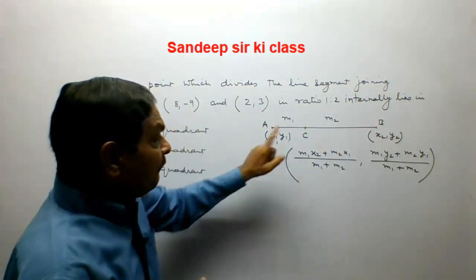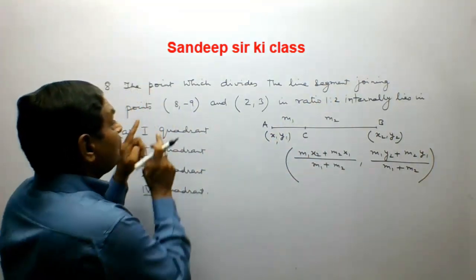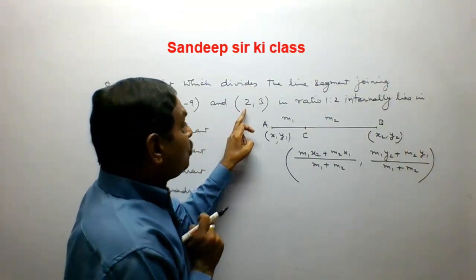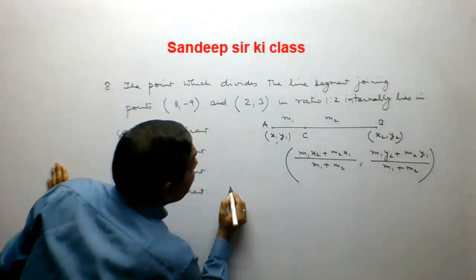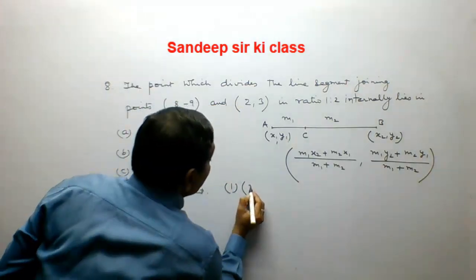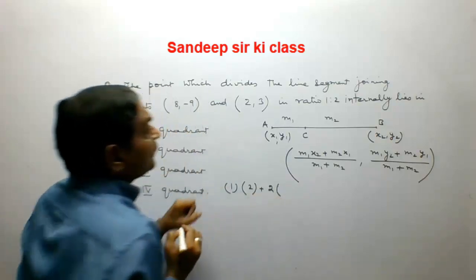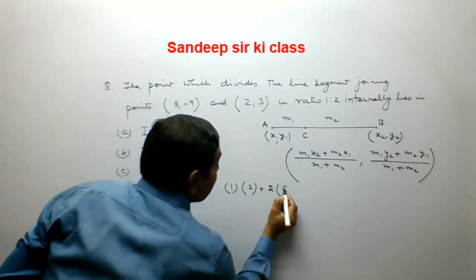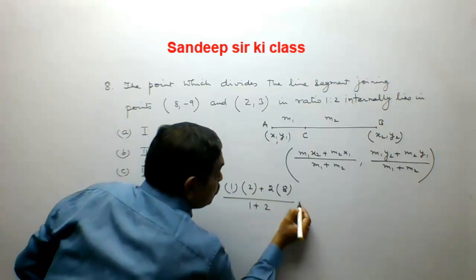Now here m1, m2 are 1 and 2, x1, y1 are 8 and minus 9, x2, y2 are 2 and 3. Now put these values. So we have m1 is 1, x2 is 2 plus m2 which is 2 and x1 is 8 upon m1 plus m2, that is 1 plus 2.